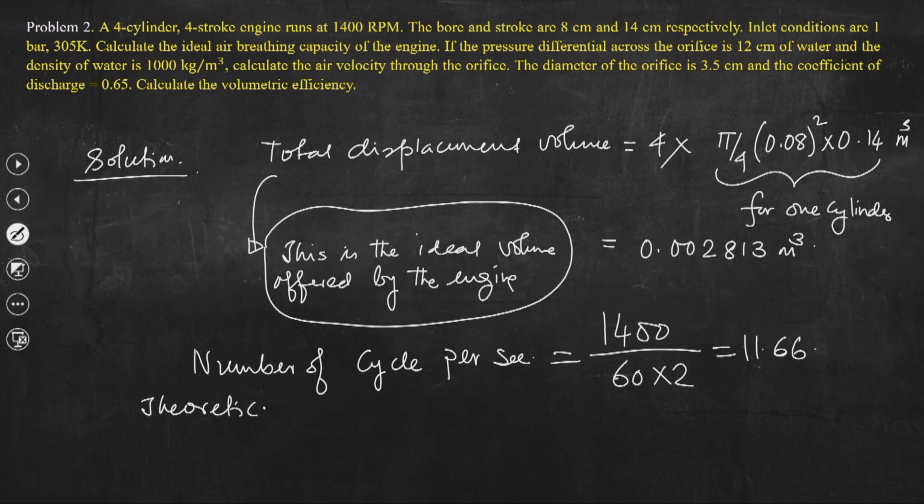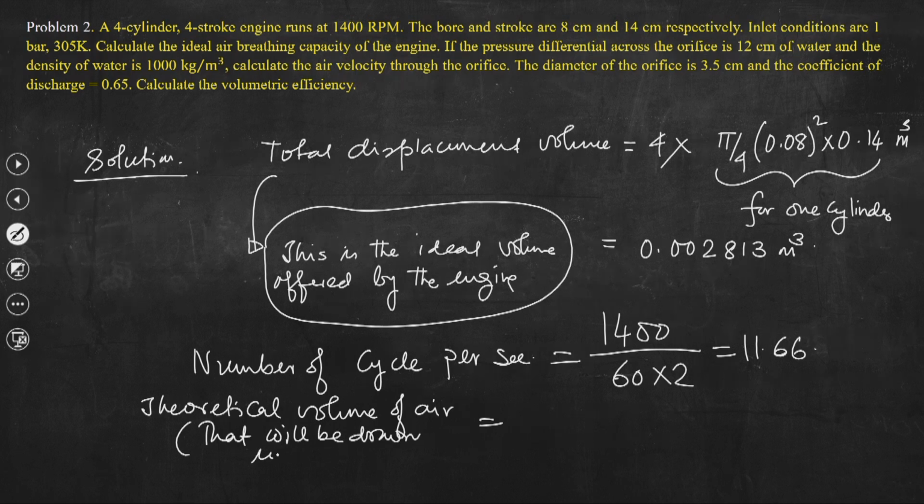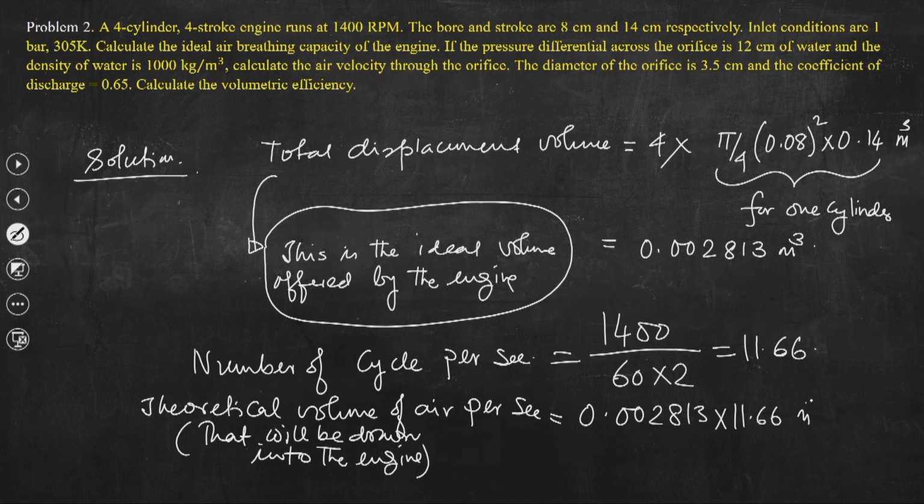So, the theoretical volume of air that will be drawn into the engine per second is equal to 0.002813 meter cube into 11.66, that is 1 upon second.